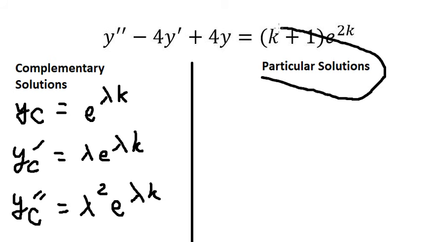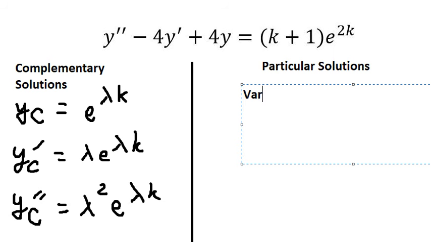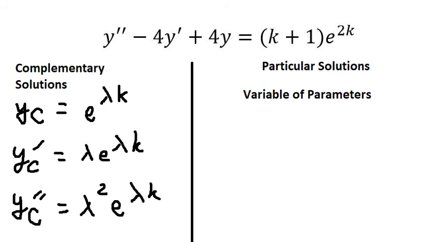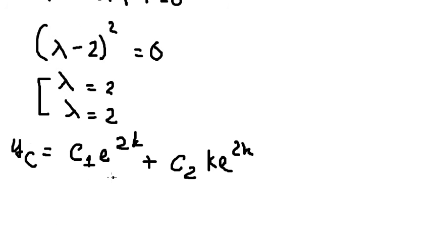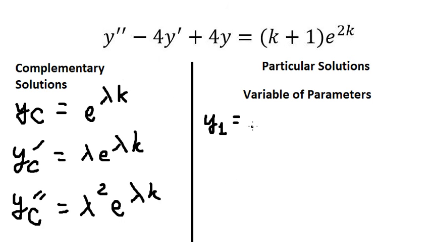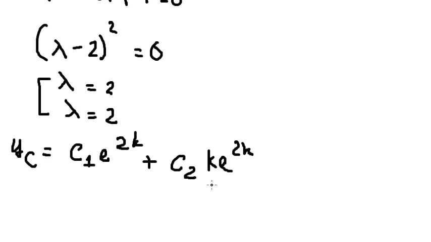About the particular solution, we need to use variation of parameters. So in this one, I will put y1, that is e to the power of 2k, and y2, that is k e to the power of 2k.